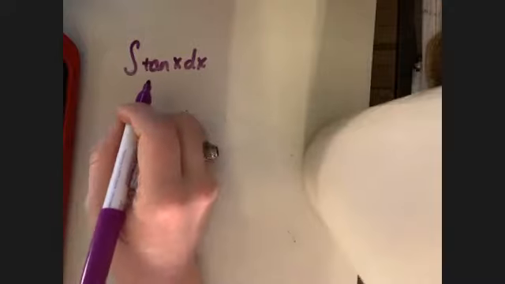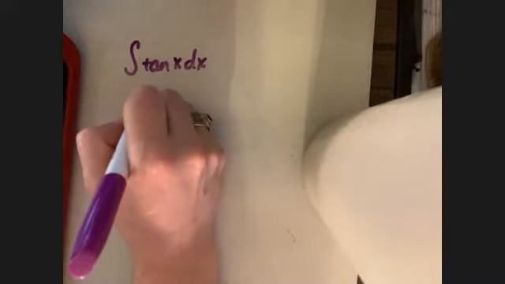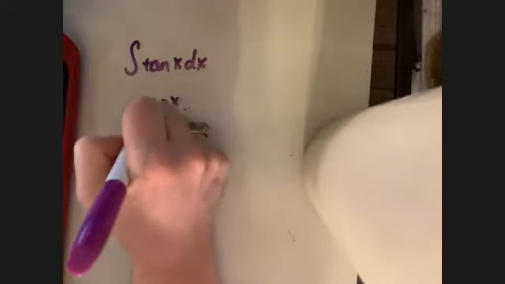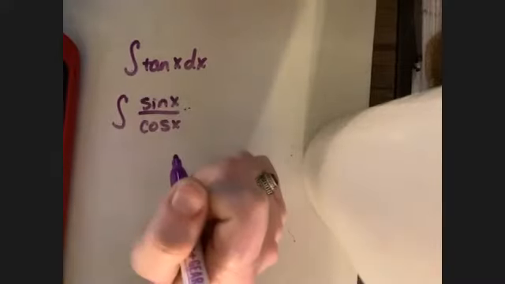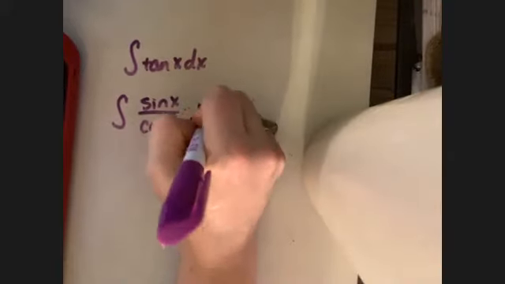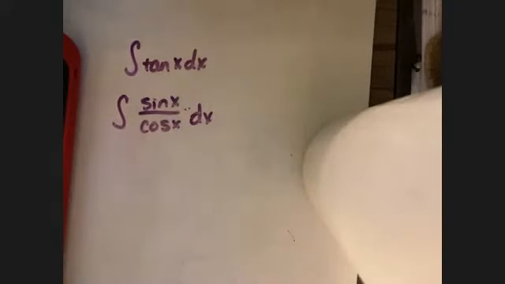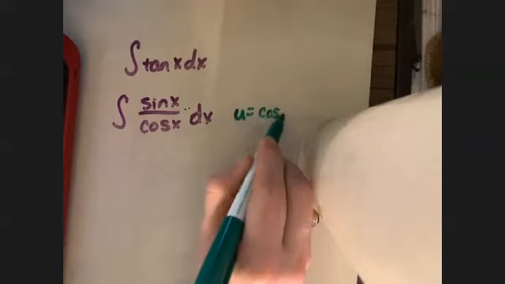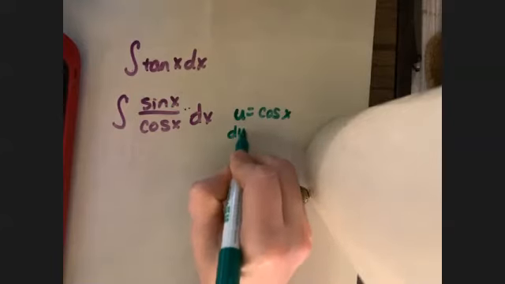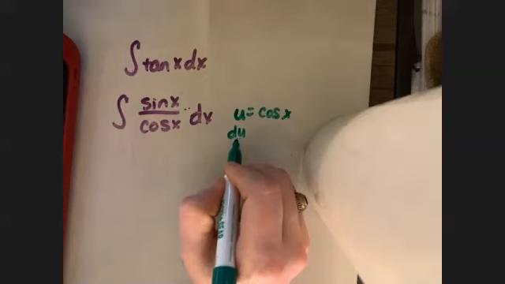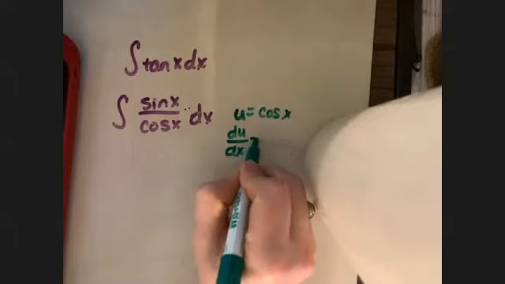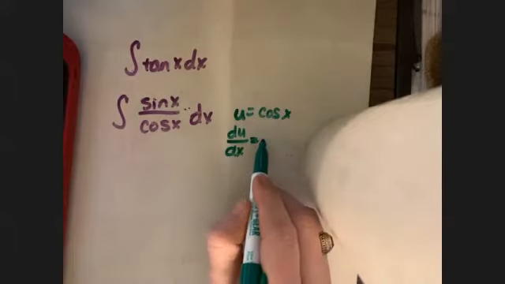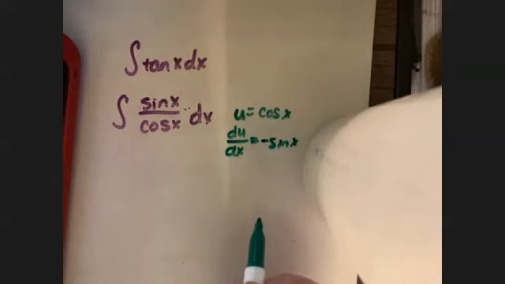Guys, I'm going to do this one so that we understand it. Tan is sine over cos. If we let u be cos, then du/dx, the derivative of cos, is negative sine x.